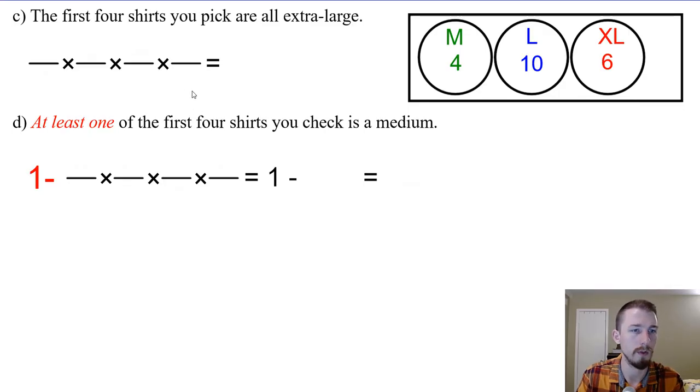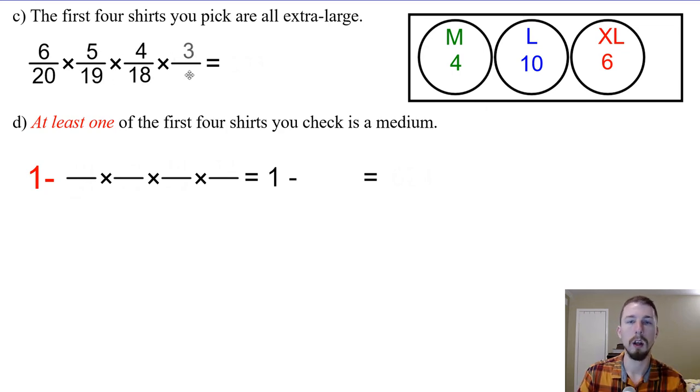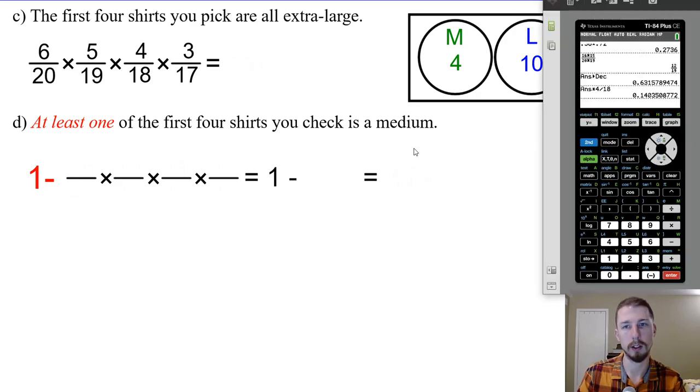The first 4 shirts you pick are all extra large. So the probability of the first one being extra large is, out of 20 shirts, we have 6 that were extra large. Then after we picked one of them that was extra large, the next one there's only 5 remaining out of 19. And then after that there's only 4 out of 18 remaining, and then only 3 extra large out of 17 remaining.